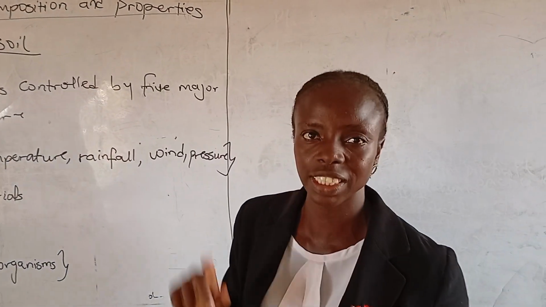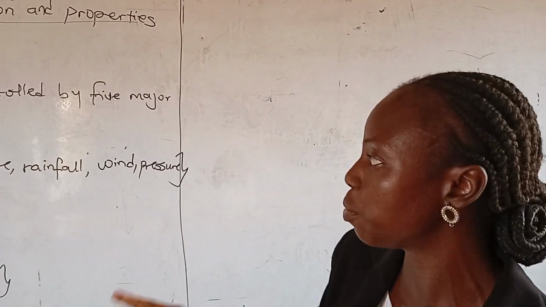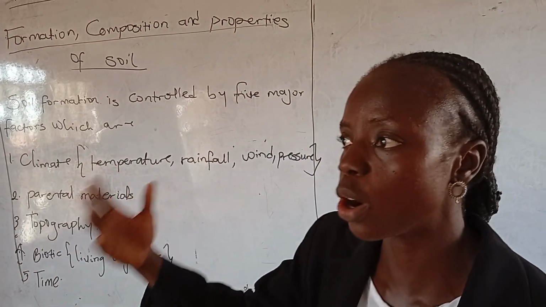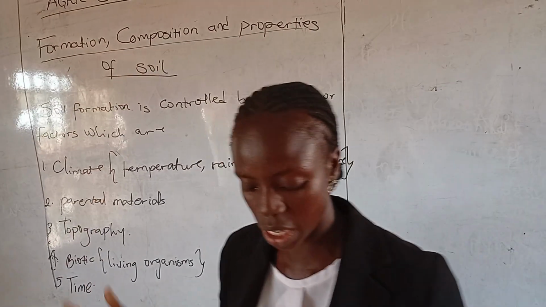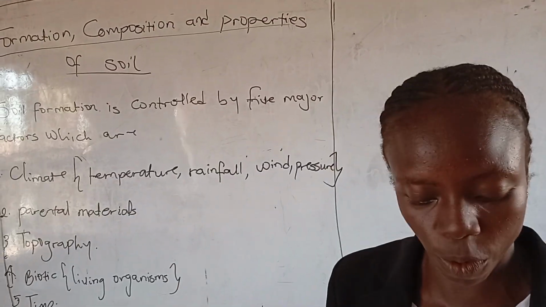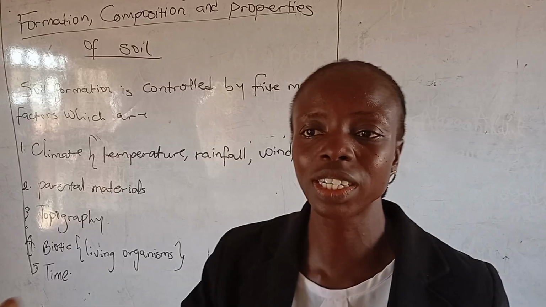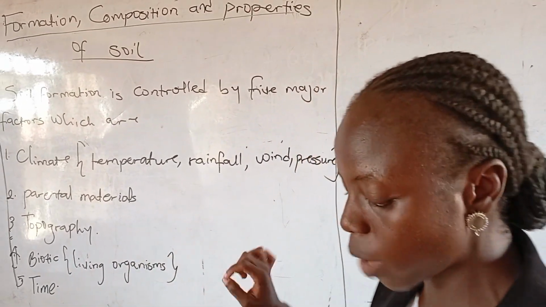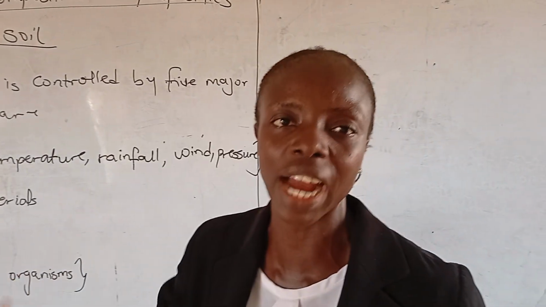Another climatic factor that aids formation of soil is rainfall. Rainfall, like we all know, is the water that comes from the atmosphere. So the action of running water of rainfall causes the rock to gradually wear off. It will keep wearing off gradually.